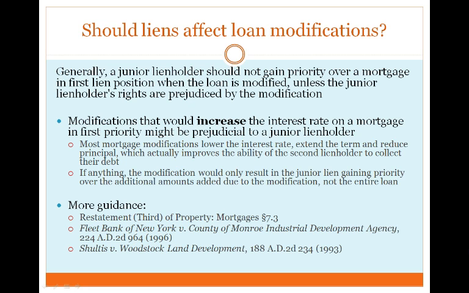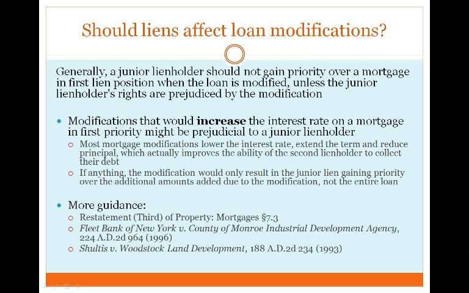They may extend the term and sometimes even defer some principal, but ultimately there have been arguments made that it improves the ability of the second lien holder to collect their debt. One, because you're avoiding foreclosure, and two, because your client is going to oftentimes be paying less money over time with the lower interest rate, even with the extended term.